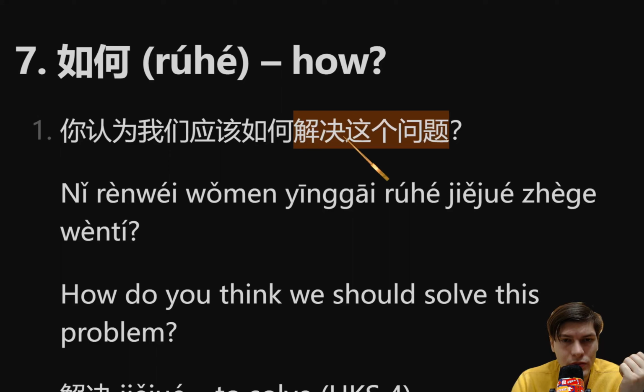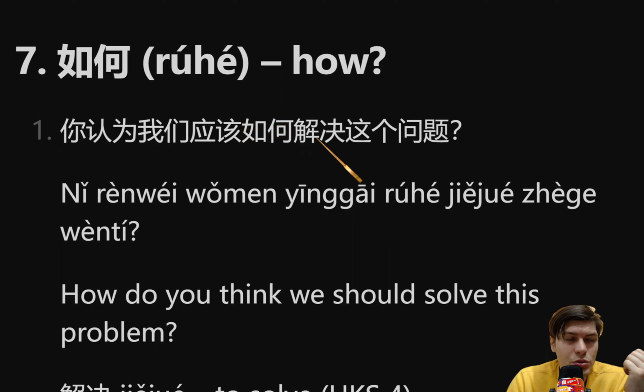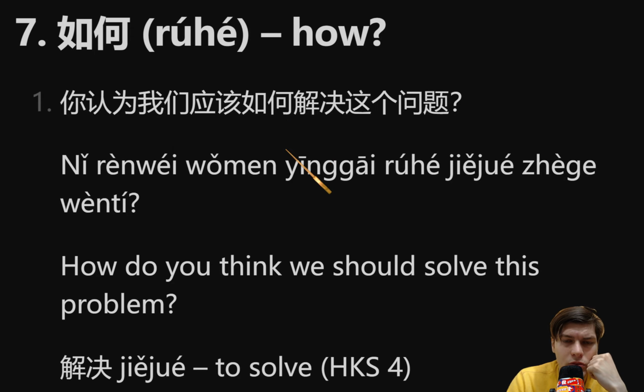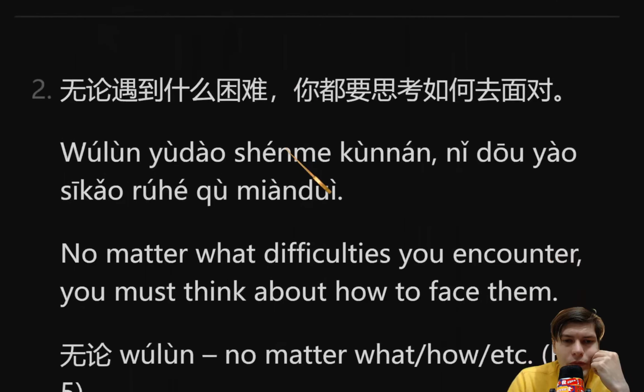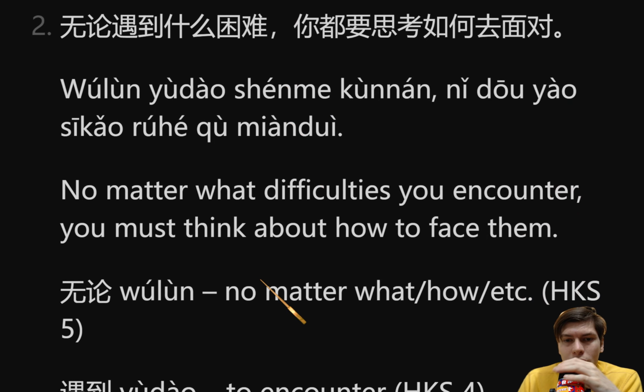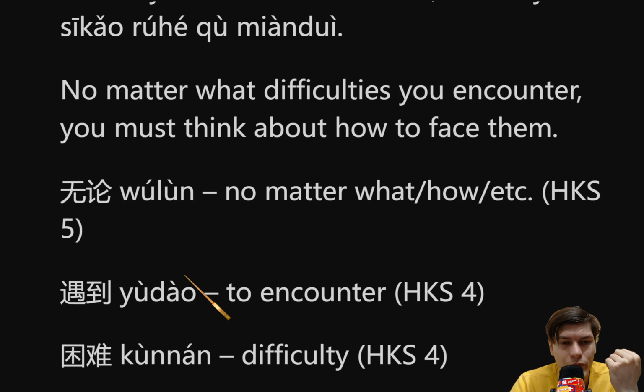In 解决, this 决 we just saw in 决赛. So: how do you think we should solve this problem? 你认为我们应该如何解决这个问题。You can also say 我们应该怎么解决, 怎么办, 怎么对. Next one: no matter what difficulties you encounter, you must think about how to face them.